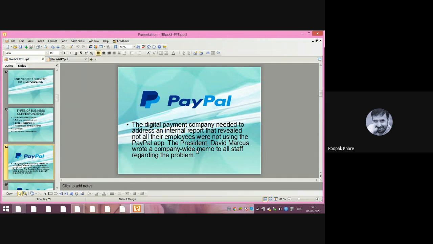The digital payment company needed to address an internal report that revealed not all their employees were using the PayPal app. Now, PayPal has an app, right? As a company, PayPal expected that all their employees should download and use the app.